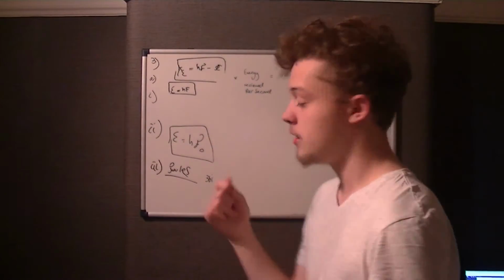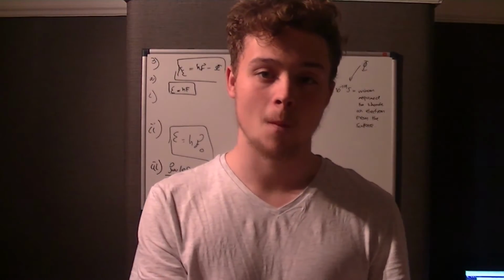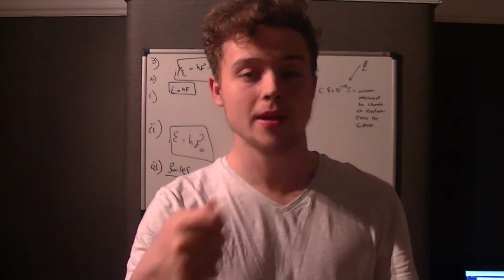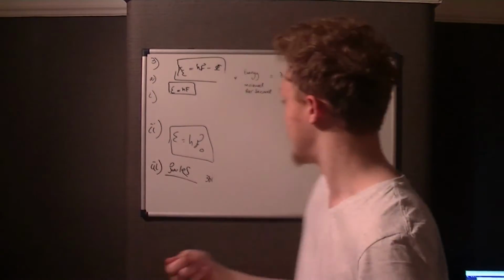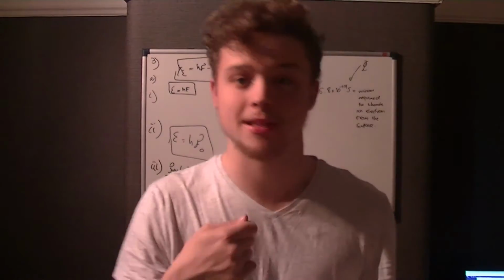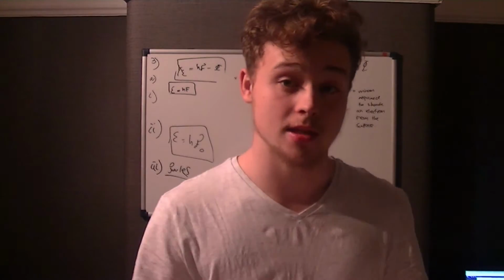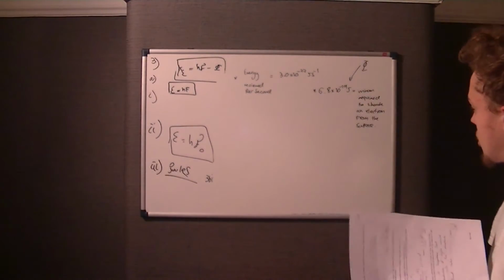And we need to know how many of these 3 times 10 to the minus 22 joules are needed. Because then you can work out, well, if that's the energy added every second, how many of them do we need? In other words, how many more seconds do we need to reach this magic 6.8 times 10 to the minus 19 joules? So therefore we've got enough energy to liberate this electron. Okay, so hopefully that makes sense.